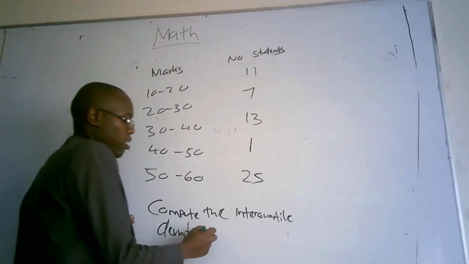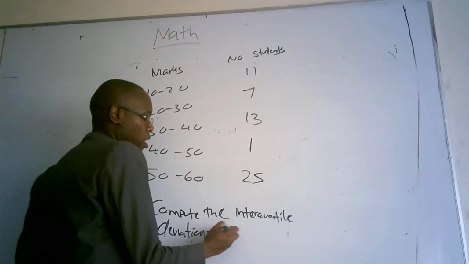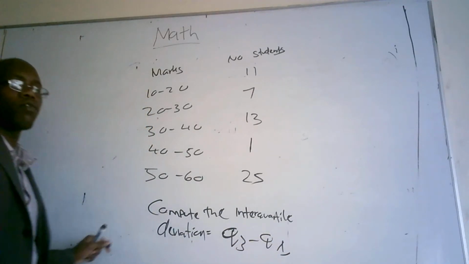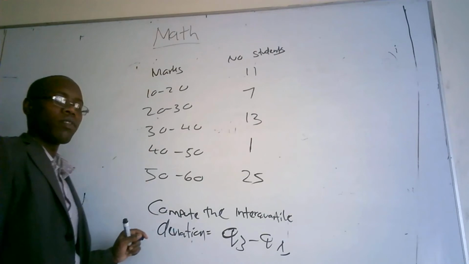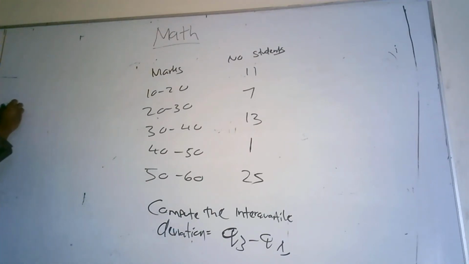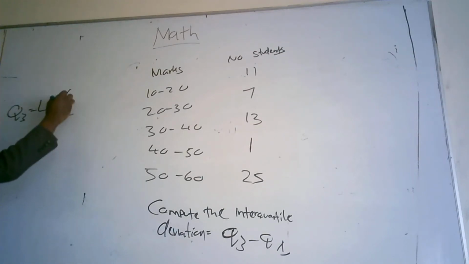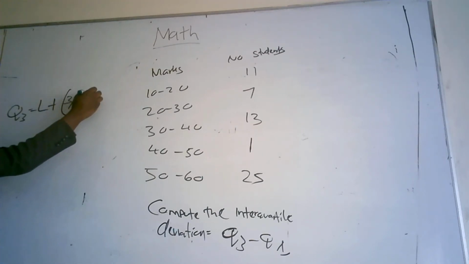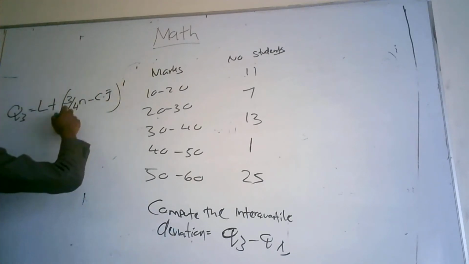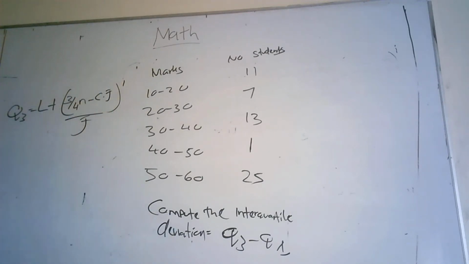Interquartile deviation, we have said, is going to be given by the following formula, Q3 minus Q1. So that's why we start from Q3 minus Q1. Remember, your Q3 will be the lower class boundary plus 3 over 4n minus the cumulative frequency above quartile 3 class, multiplied by the class interval divided by the frequency of quartile 3 class.